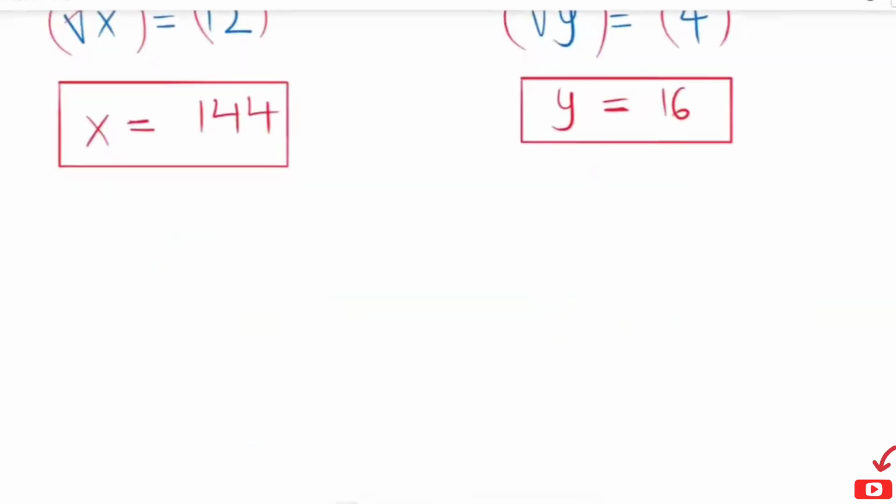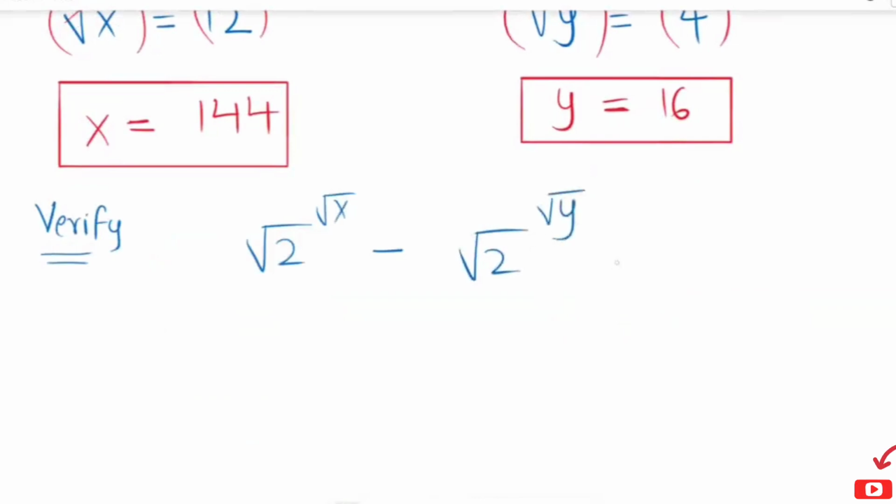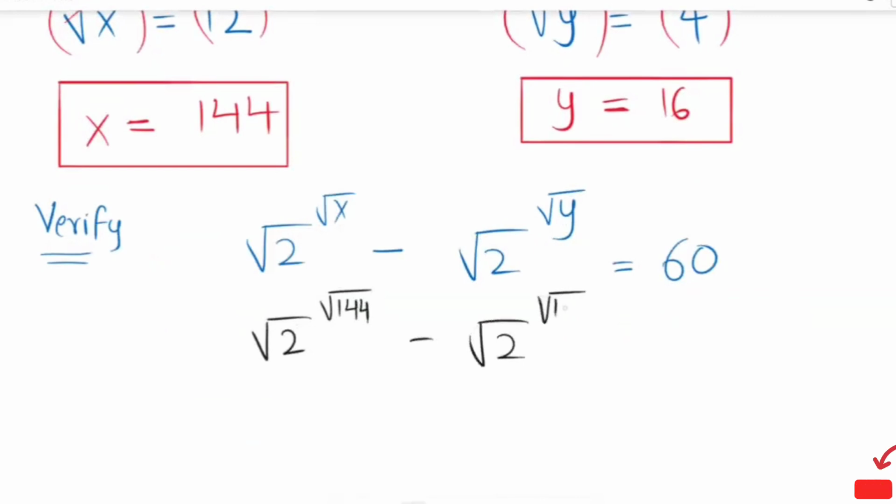Next, I will verify my answer. Root 2 to the power of root x minus root 2 to the power of root y is equal to 60. Now I am going to plug in the x and y values. Root 2 to the power of root 144 minus root 2 to the power of root 16 is equal to 60.